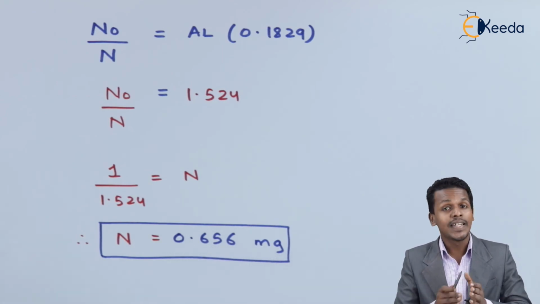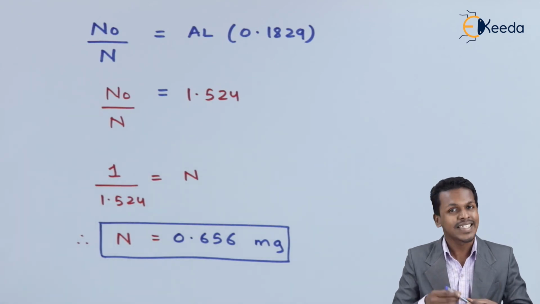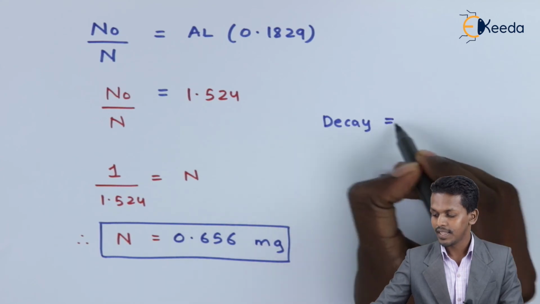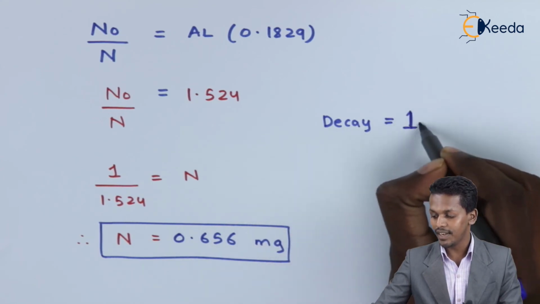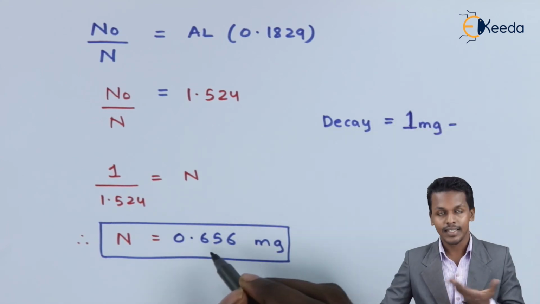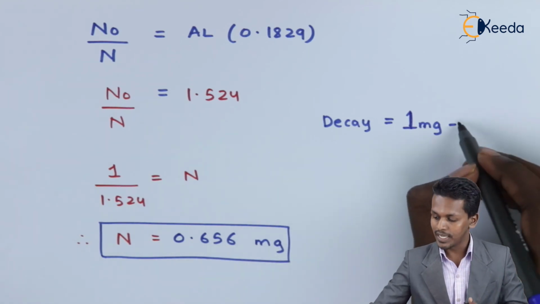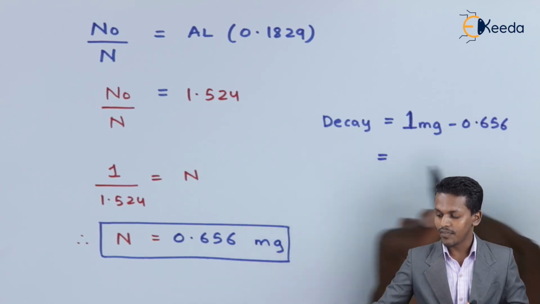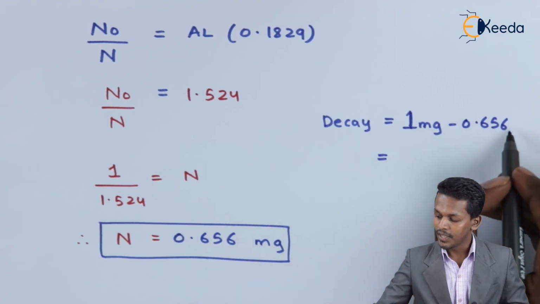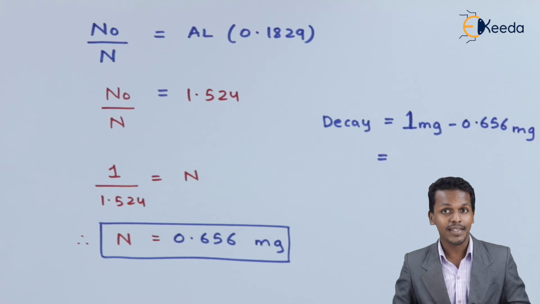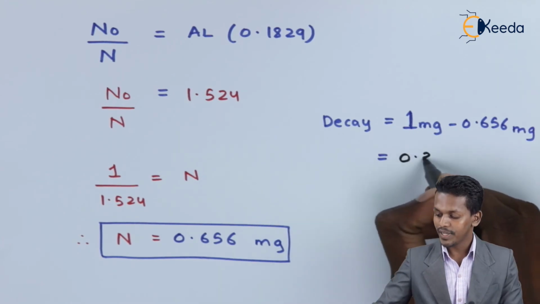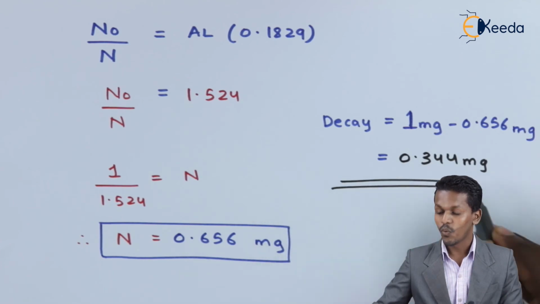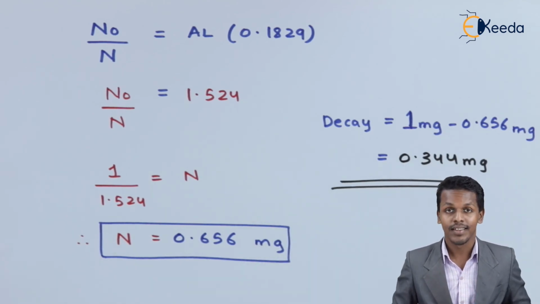That means the decay that occurred can be calculated as the initial 1 milligram minus the final amount 0.656, which gives 0.344 milligram decayed during those 62 years.